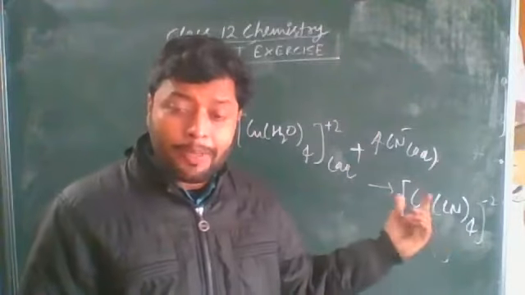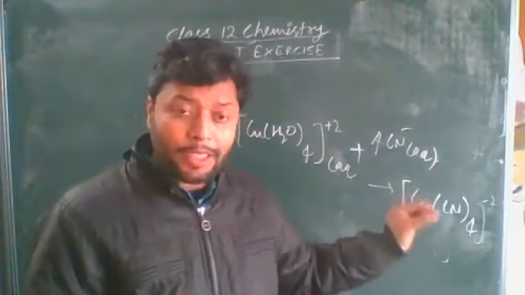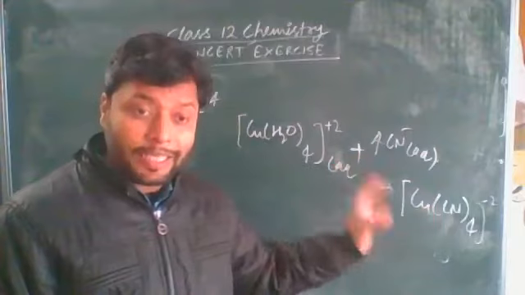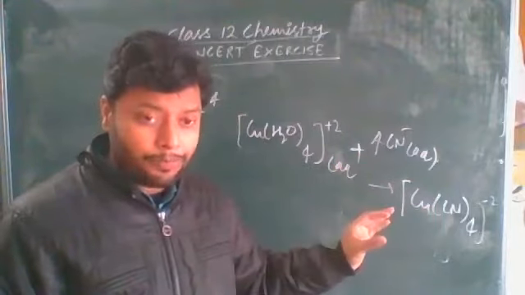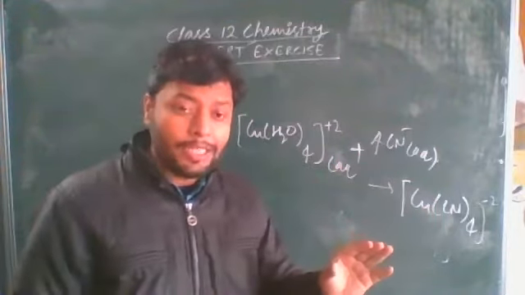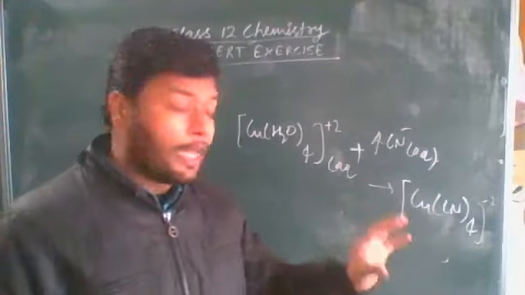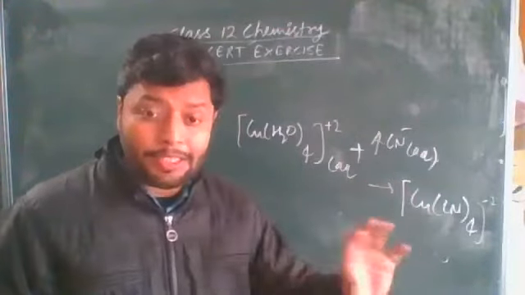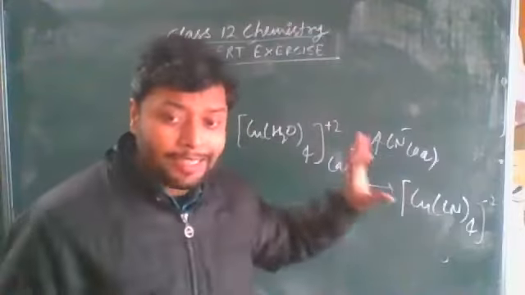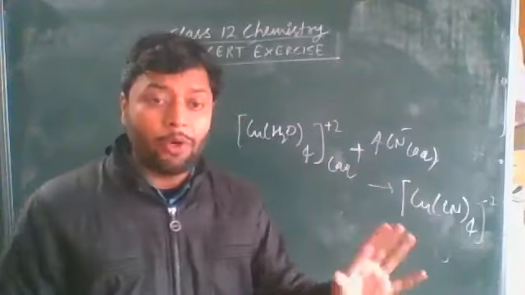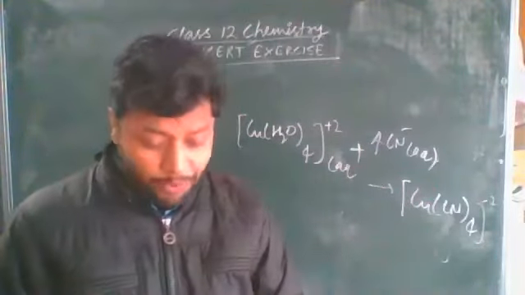Why does it not react? Because this complex, the tetracyanocuprate(II) ion, is very stable. So when H2S gas is passed through the solution, there is no interaction between H2S gas and this complex, so there will be no precipitation.